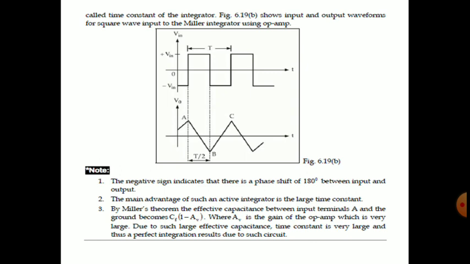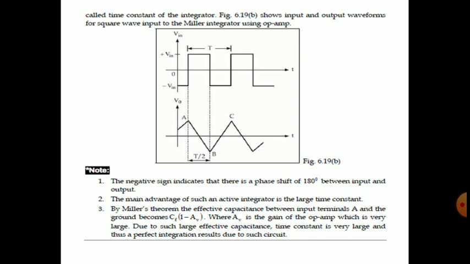The main advantage of such an active integrator is the large time constant. By Miller's theorem, the effective capacitance between input terminal A and the ground becomes Cf into 1 minus AV, where AV is the gain of the op-amp, which is very large.